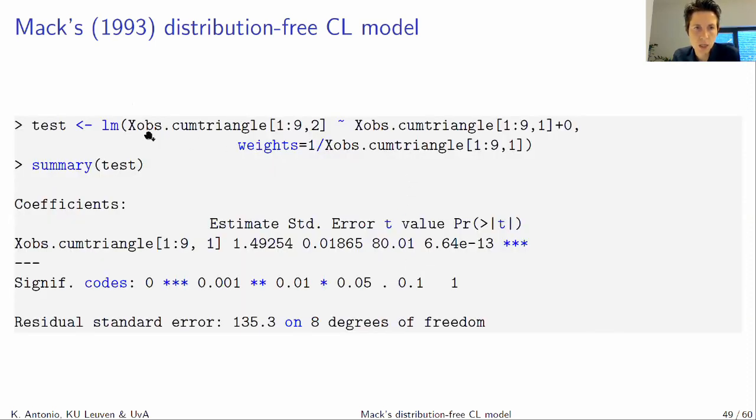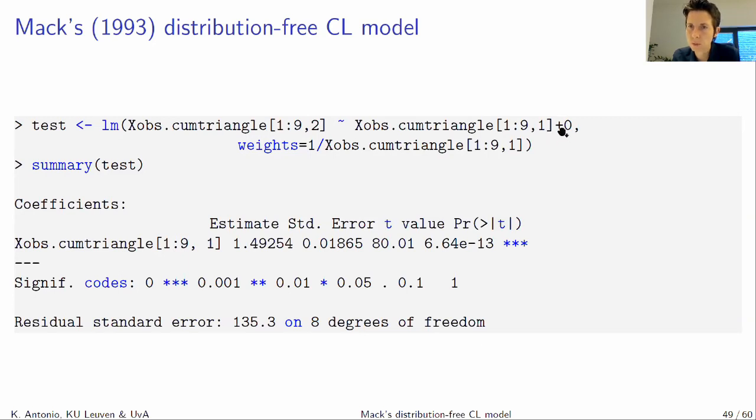So here you can see how I did that. The code is not super good, I guess, but I'm going to use here the observed values in a cumulative triangle. I'm going to use column 2, accident years from 1 to 9 from this second development year, and regress it on the observed values in the cumulative triangle in the first column, the first development year.